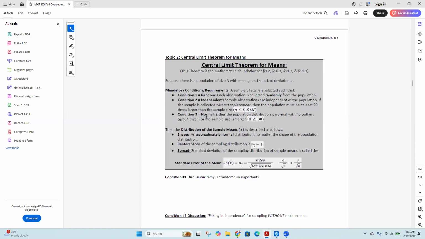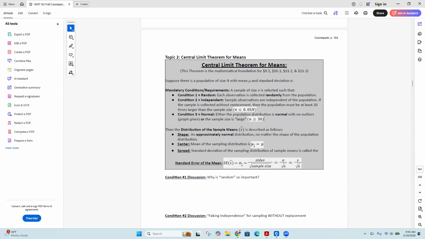But you'll remember when we were looking at the Chapter 8 project on Tuesday that when your sample size hit 30, it didn't matter what shape your original population was. If your original population was skewed left or skewed right or some other crazy shape, if your sample size was large enough, then the shape of your distribution of sample means was normal. And the cutoff we said was around 30. So for means, we need to make sure that our sample size is bigger than 30.